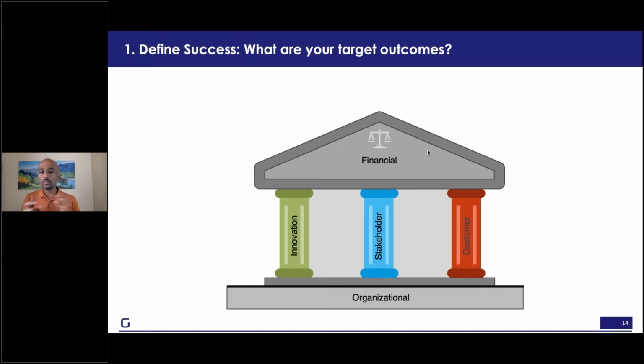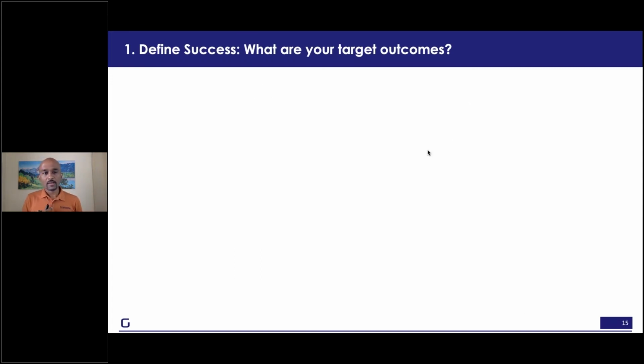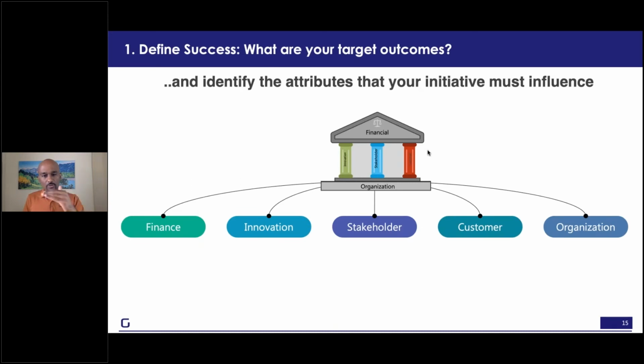So you need a combination of both. Earlier, we talked about why just those non-financial measures won't cut it. You need a combination of both. And you also have these other pillars: customer, stakeholder, and innovation. We'll look at the different attributes under each of these outcome categories, and you will need a combination of outcomes to be picked. So what are the next level attributes for each of these 5?